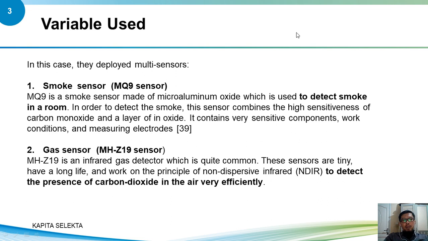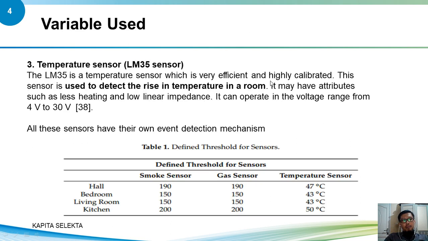And then the gas sensor: they use the MQ90 sensor to detect the presence of carbon dioxide in the air very efficiently. Third, the temperature sensor: they use the LM35 sensor to detect the rise in the temperature in the room.